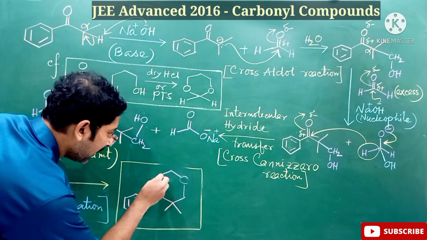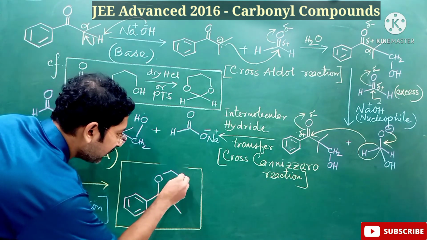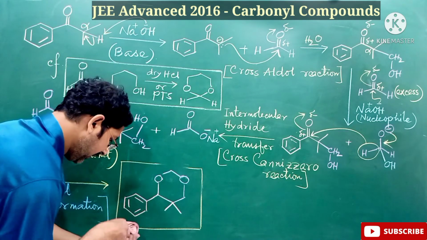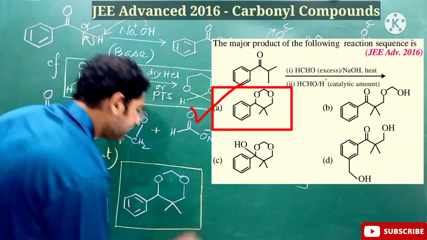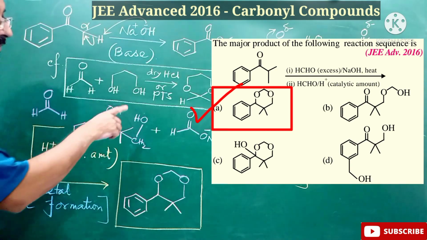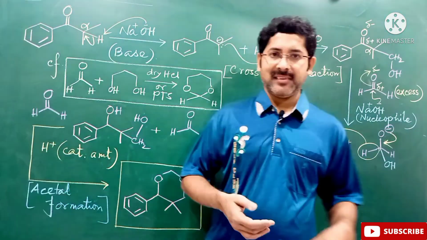This is CH2 and this is oxygen. So this is actually acetal, and this is our final product, right? This one. So the correct answer of this question is option A, right?